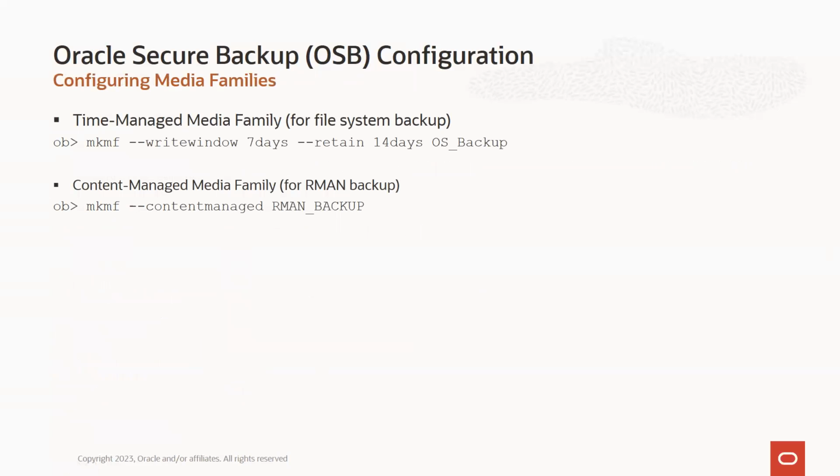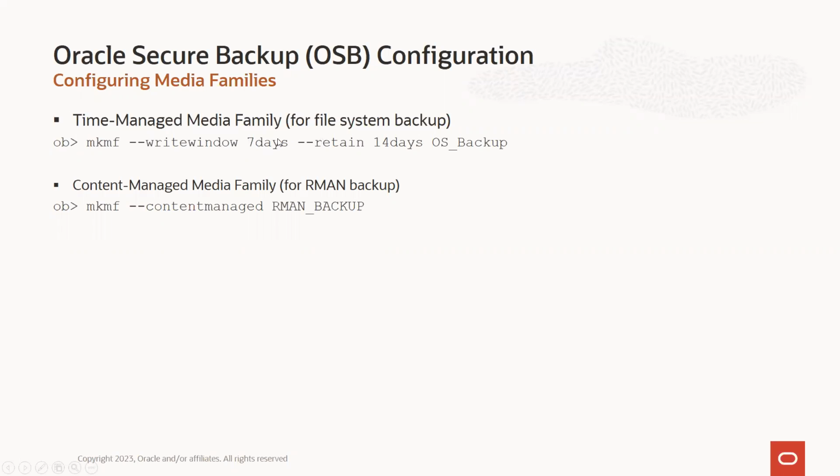There are two types of media family in OSB, namely the time-managed media family and the content-managed media family. The media family defines the attributes and characteristics of the tapes in the volume set. The time-managed media families are used for file system backup, where you can define the write window and the retention.